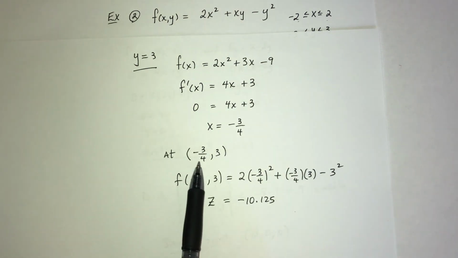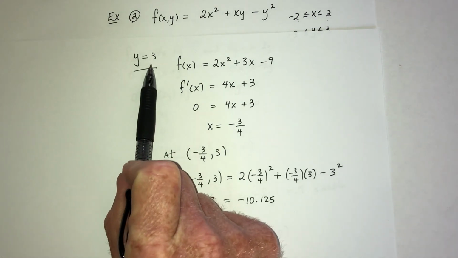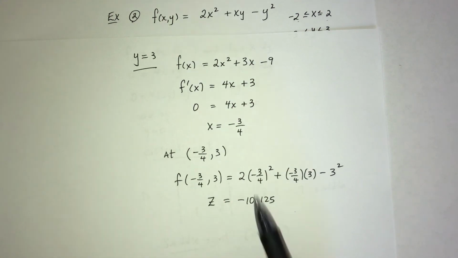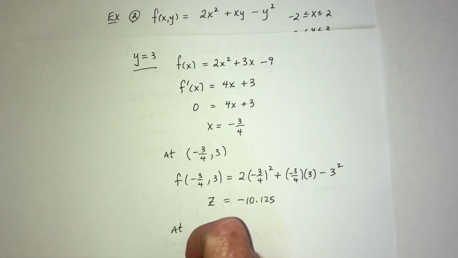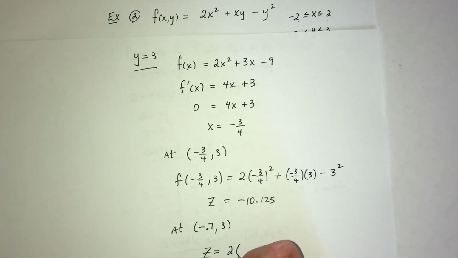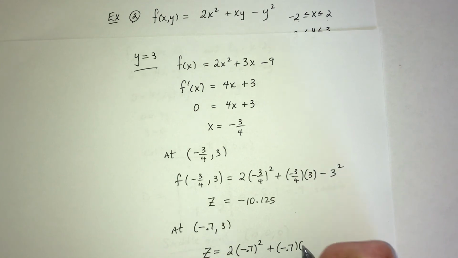Once again, we cannot use the discriminant, so you have to pick a point that's close to this. This is saying no matter what, y has to equal 3. So pick a point close to negative 0.75. I'll test a point like negative 0.7 and 3. What does z equal? It's going to be 2 times x squared plus the x times the y minus the y squared.